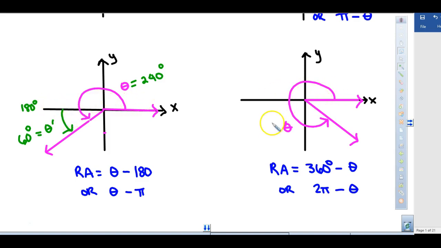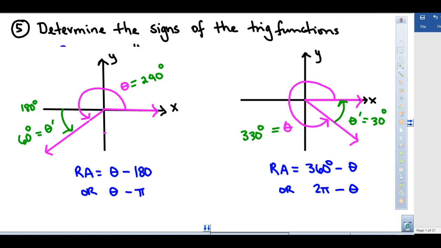Here, let's say that you're at 330 degrees. So you're over here in the fourth quadrant. Again, ask yourself, how far do you have to go to get to the x-axis? You would have to go 30 degrees more. So that is your reference angle, or you can use this formula.